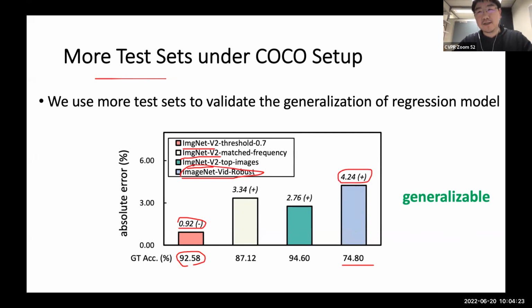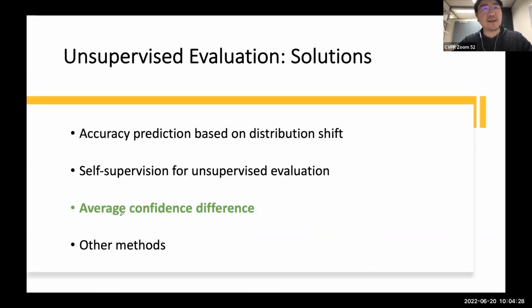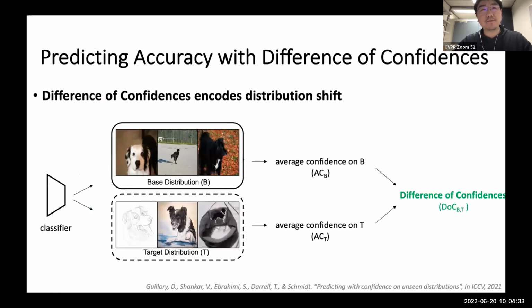All right. So then another solution is we use the average confidence difference. The idea is very simple. It was published last year. If you have a classifier, you feed images from the base distribution and target distribution to this classifier, and you can very simply calculate the average confidence.